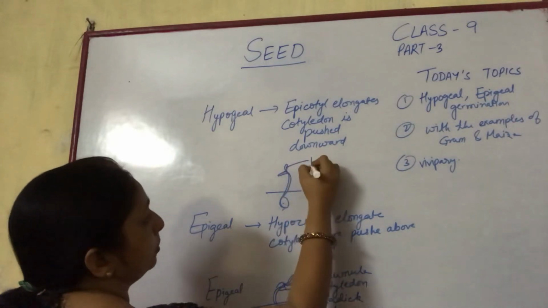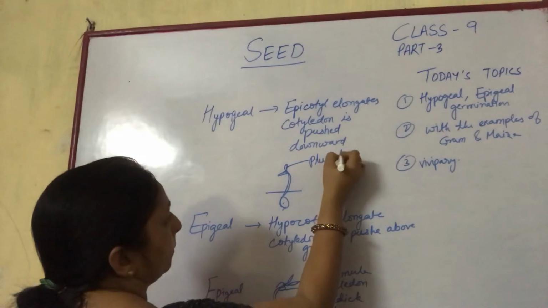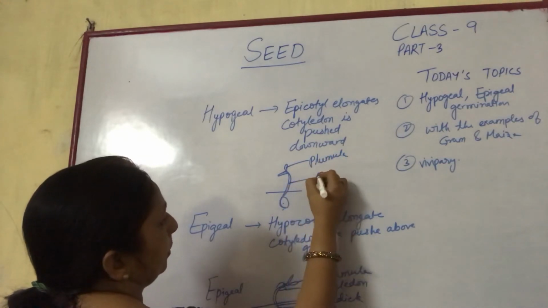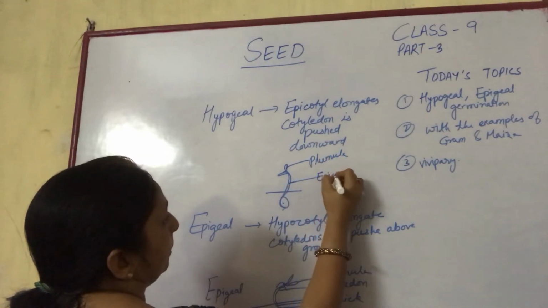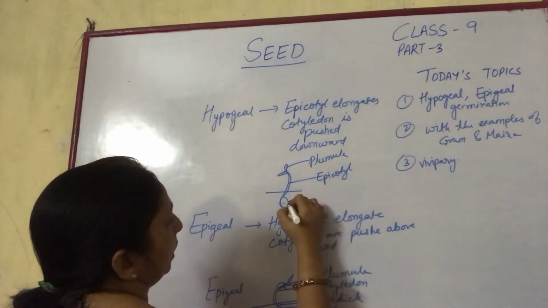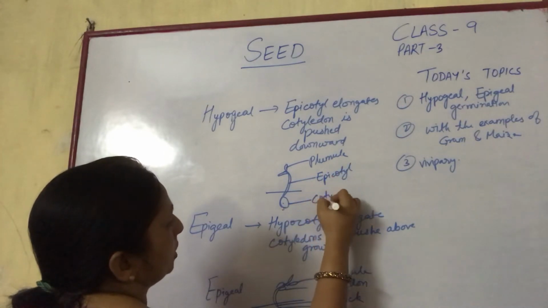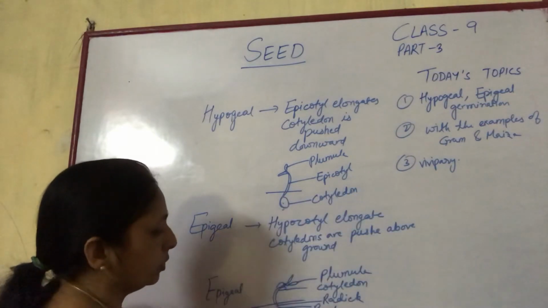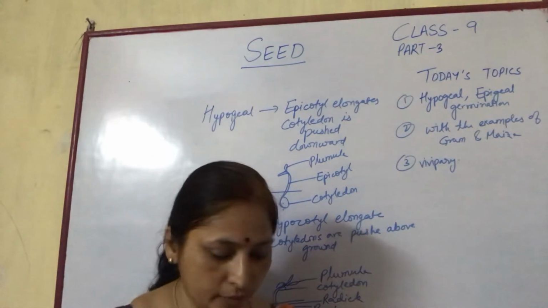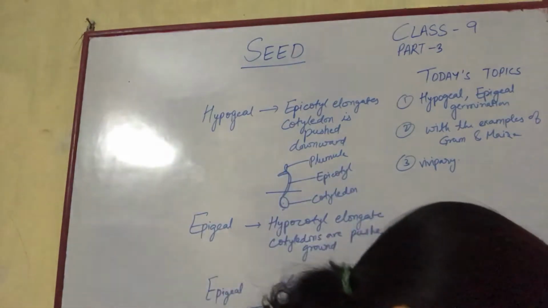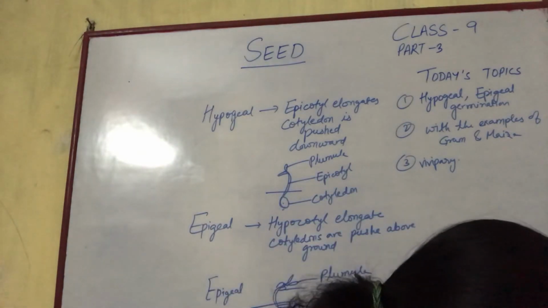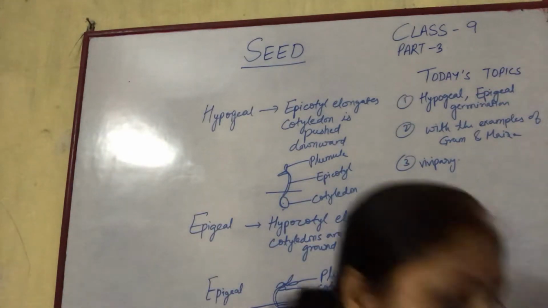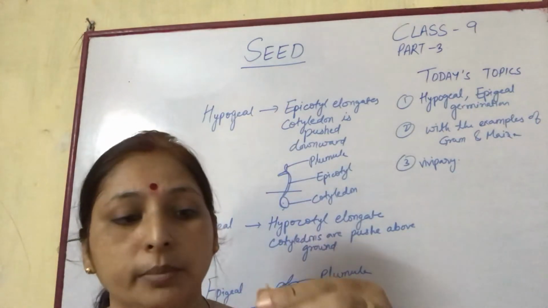Here in this plumule, epicotyl and the cotyledons or the seed which is present below the ground. So I have two samples to show you hypogeal and epigeal germination.